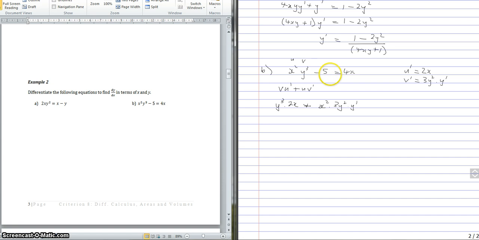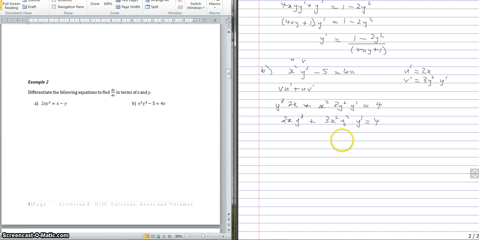Then the derivative of -5 is 0, so we'll leave that, and that's equal to the derivative on the right hand side, which is 4. Just to simplify this, 2x y cubed plus 3x squared y squared times y dash equals 4. And we're going to rearrange now.